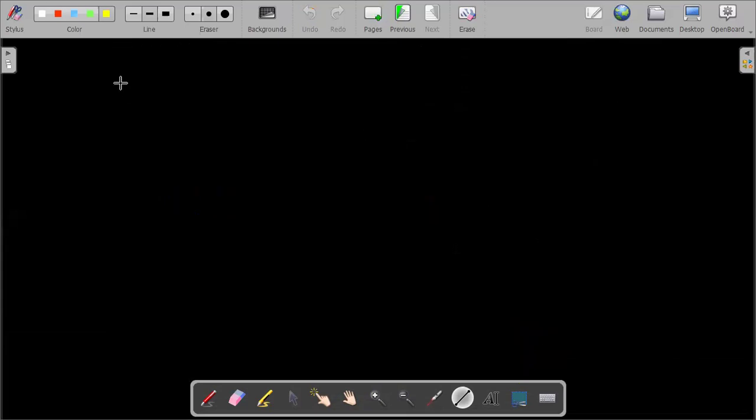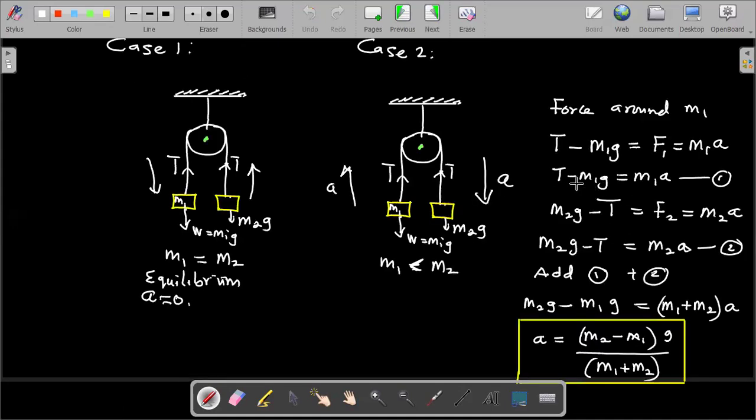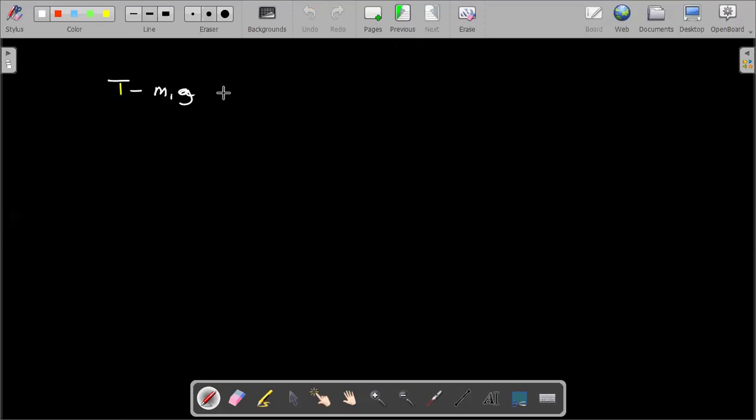Using equation 1, T minus M1G equals M1A. From here, we see that our tension is M1A plus M1G, which implies that our tension is M1 into bracket A plus G.